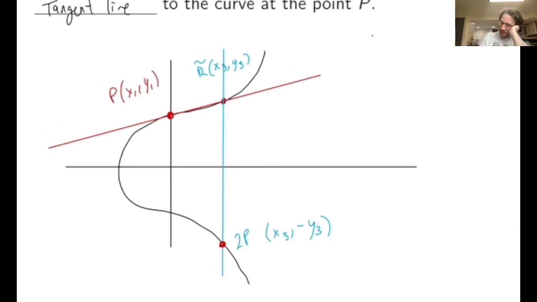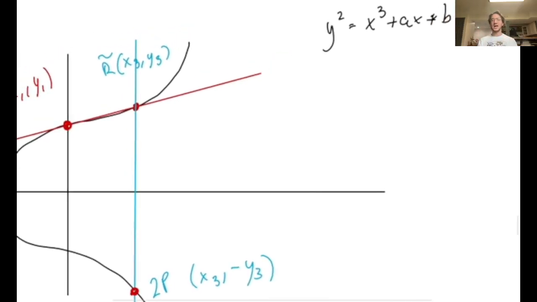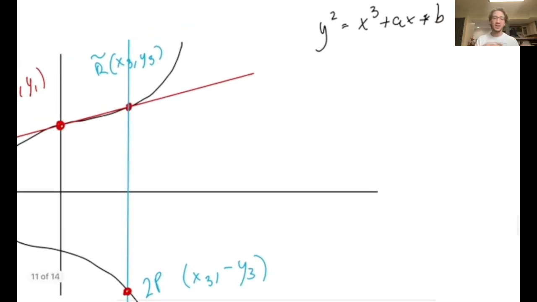Okay, now for the equation y squared equals x cubed plus ax plus b, from calculus, you can use implicit differentiation. If you haven't had calculus, then ignore what I'm saying until I tell you what the slope of the tangent line is. Okay, but from calculus, you can use implicit differentiation to say that this is 2y, y prime, where y prime is that slope of the tangent line that we care about, equals 3x squared plus a.